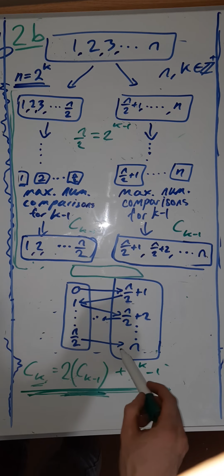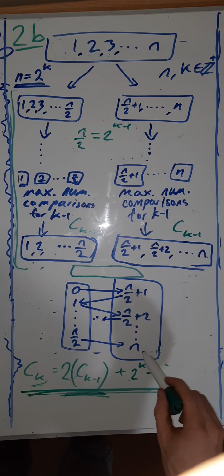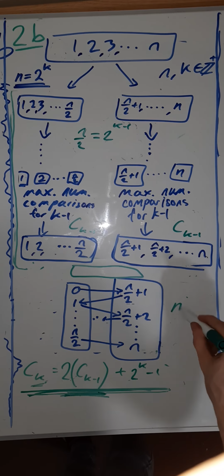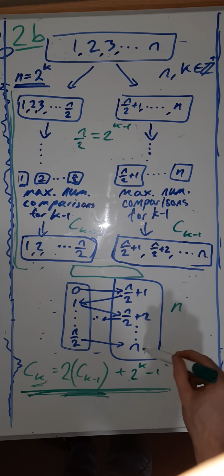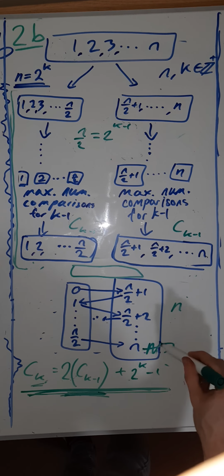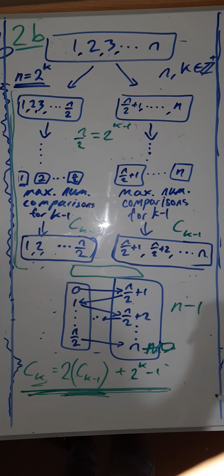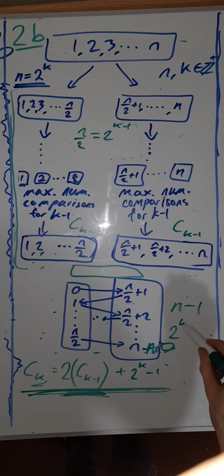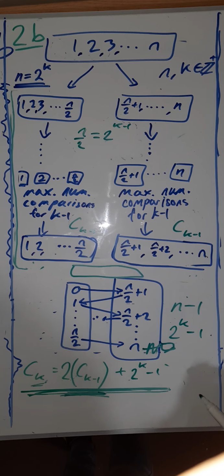In fact, there's an arrow coming from every single one of these elements except for n. So there's n amount of comparisons, but n isn't compared with anything, so it's n minus 1. So there's n minus 1 extra comparisons that occur, but n equals 2 to the k. So it's 2 to the k minus 1 extra comparisons.